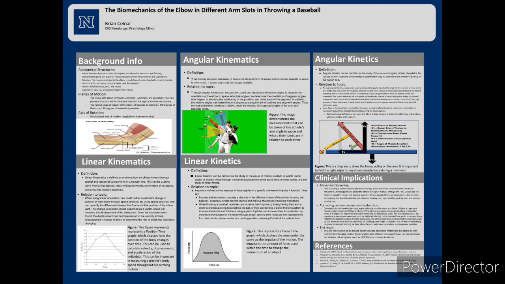These flaws can be used to identify UCL ruptures and to help prevent them, since that's going to be a main cause of elbow injuries in pitchers.